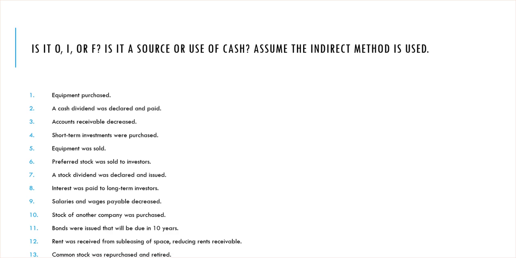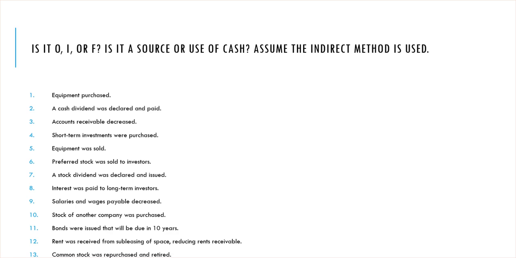Remember, when you have a cash dividend, that's one of them that's difficult for students to understand. Instead of cash coming into us, it's cash going out, and because it involves that equity account, you are going to consider that a part of financing. When you do the indirect method and you get to an item like salary and wages payable, you would have classified that as a current liability.